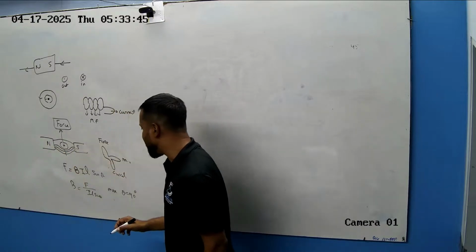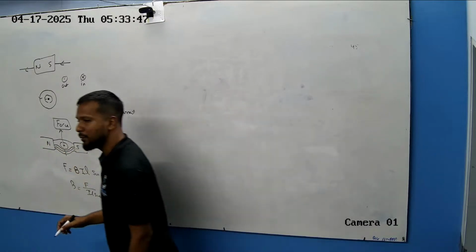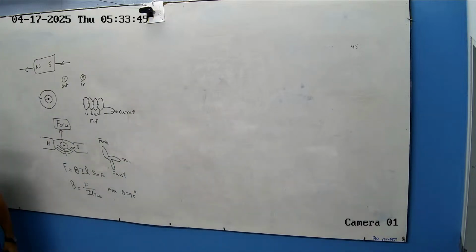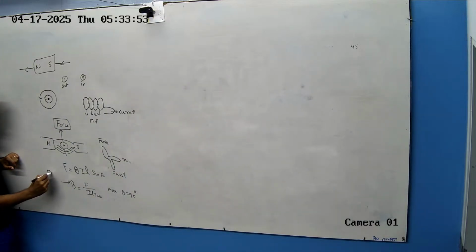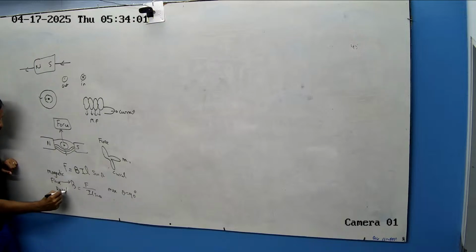Remember, what's the SI unit for magnetic field strength? Tesla. So this is magnetic flux density, and the SI unit is Tesla.